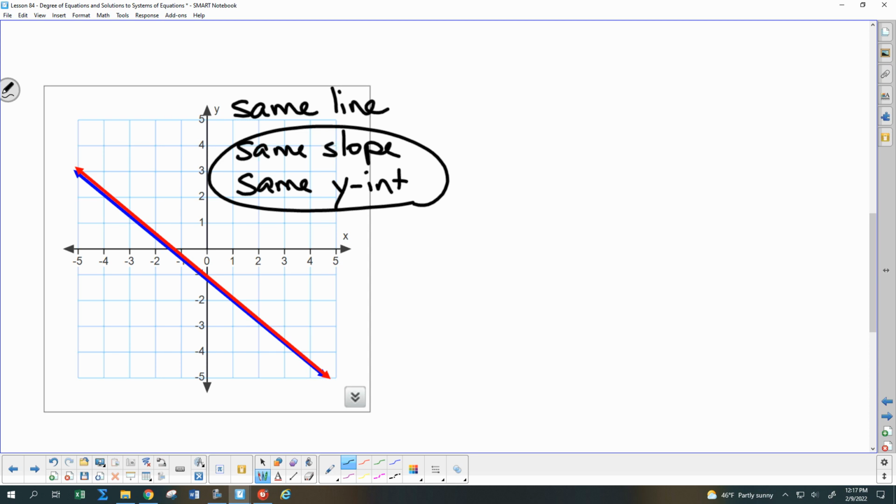How many points are there that are on both of those lines? When they crossed once, there was just one point that was a solution because there was one point that was on the first line and the second line. How many points are there that are on my blue line and are also on my red line? Okay. Infinitely many solutions.